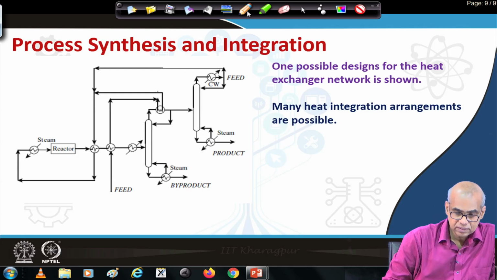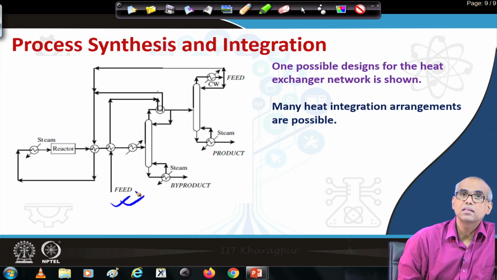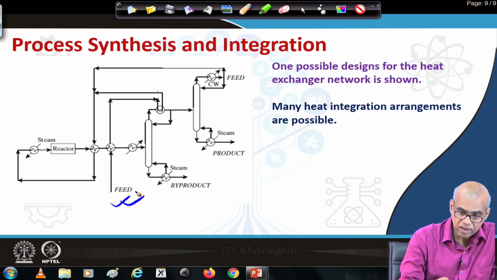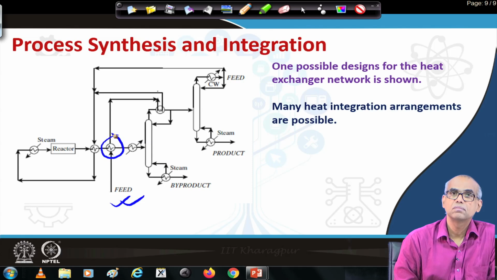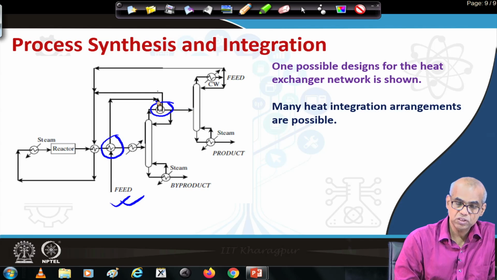Note that the feed enters from here, exchanges heat with the effluent stream, so it gets preheated. It also exchanges heat with the vapor stream that comes out from the top of the distillation column.